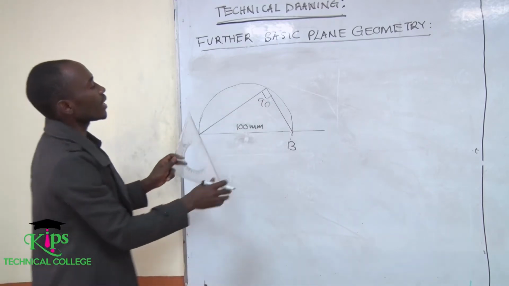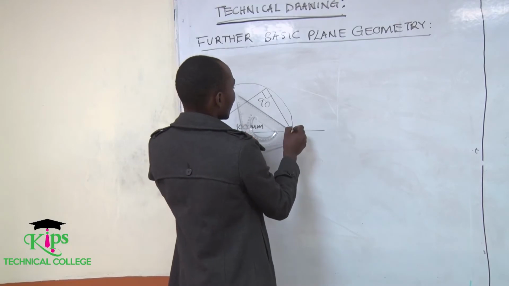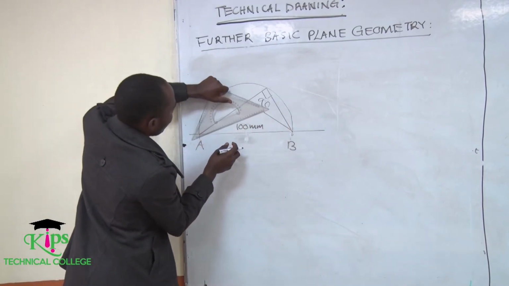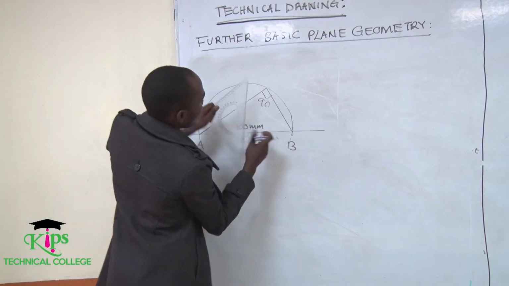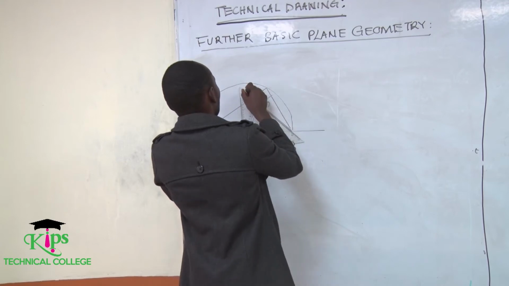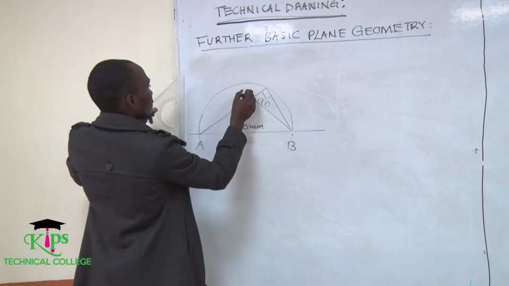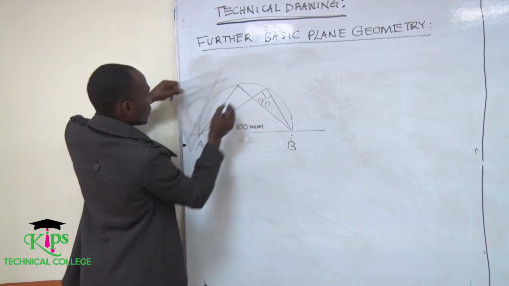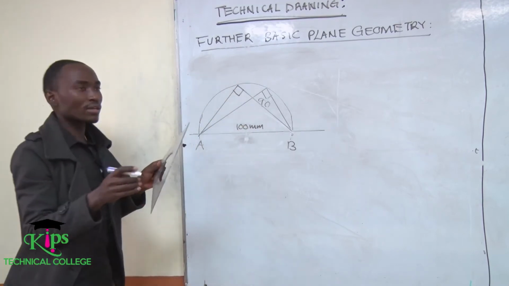If I decide to draw another one of any nature, like this, again, this is a right angle triangle.